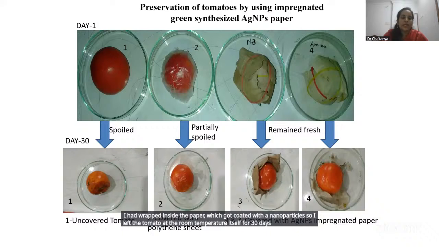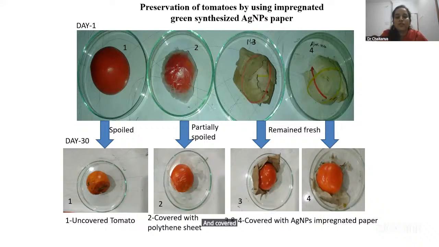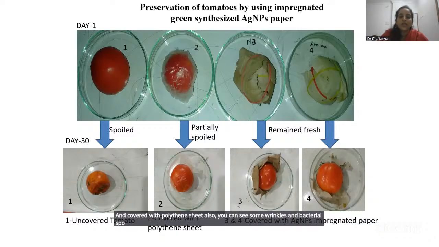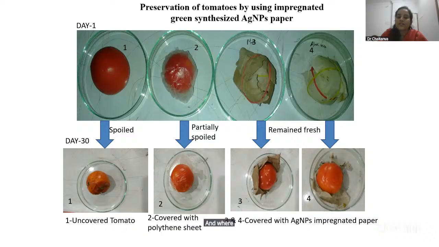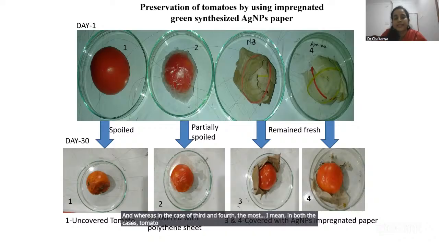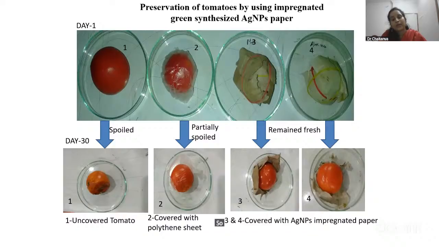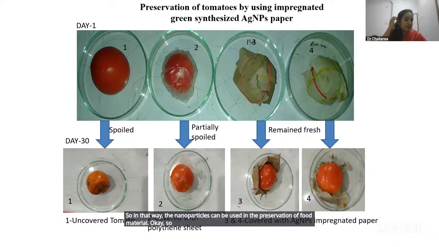You can see the uncovered tomato got spoiled, and the one covered with polythene sheet also has some wrinkles and bacterial spoilage. Whereas in the case of the third and fourth, in both cases the tomato stayed fresh even after 30 days, nothing was spoiled. So in that way the nanoparticles can be used in the preservation of food material. So these are some of the applications in my research work.